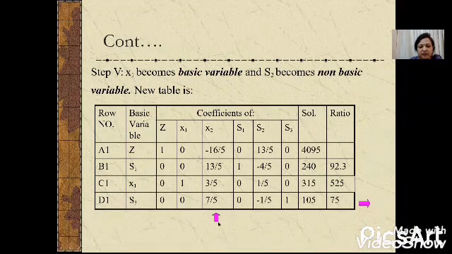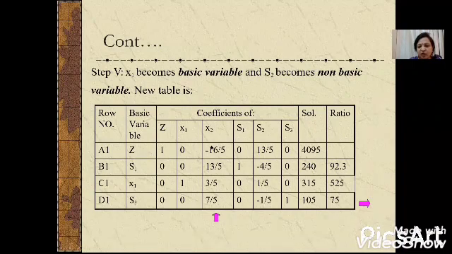Again here we can see that in the Z row, this is the most negative number. So here x2 is the entering variable.